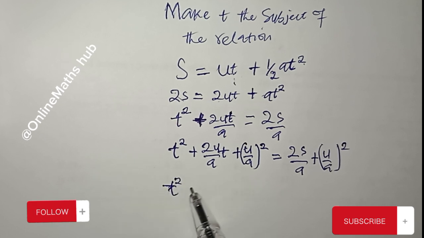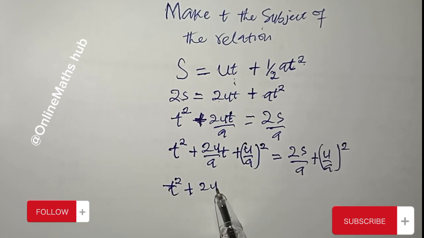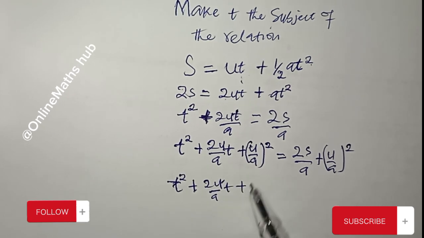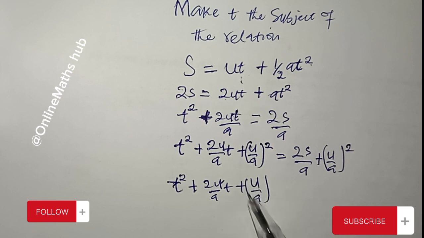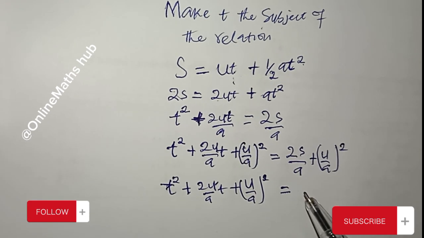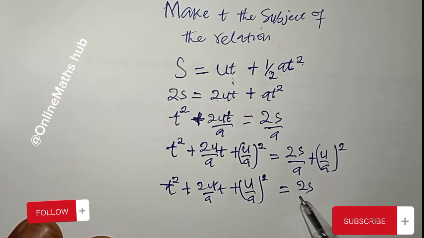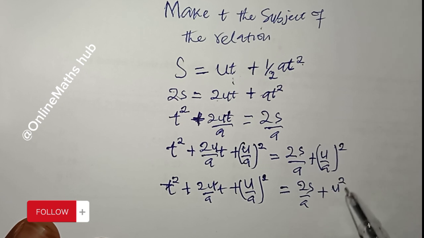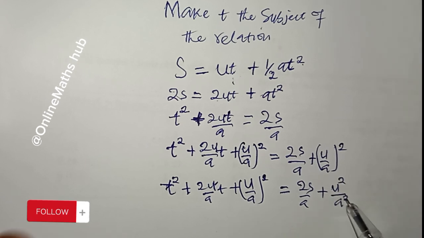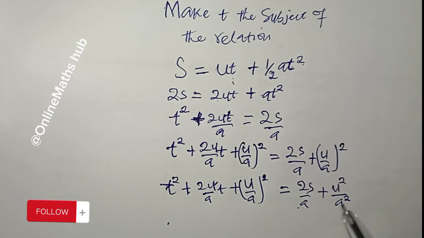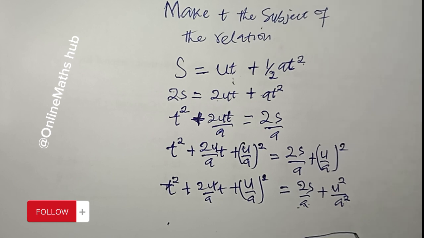Then I'm going to simplify the right hand side further. Let me keep these as they are, 2u over a times t, plus u over a all squared, is equal to 2s over a, plus u squared over a squared. Simplifying the right hand side further, I'm going to look for the LCM, which is a squared.